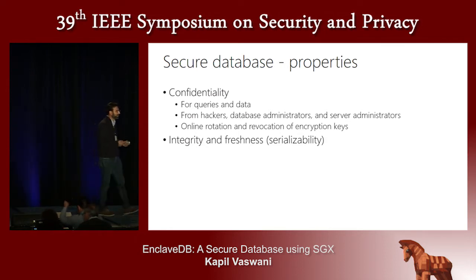What we mean by integrity and freshness is that we expect the transactions we submit to a database to obey the SQL semantics. We also expect the transactions to execute in an order that respects the consistency properties that the database promises, for example, serializability. And we also expect the database to never lose transactions, and that's why we want the database to guarantee freshness.